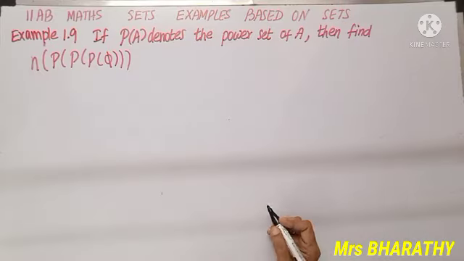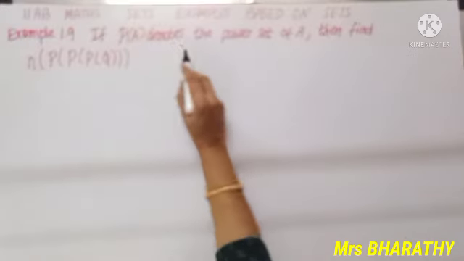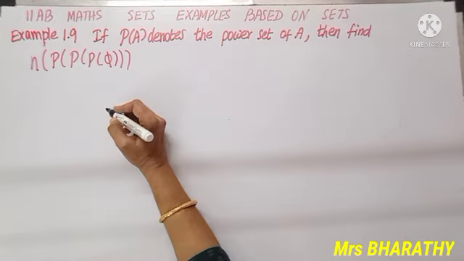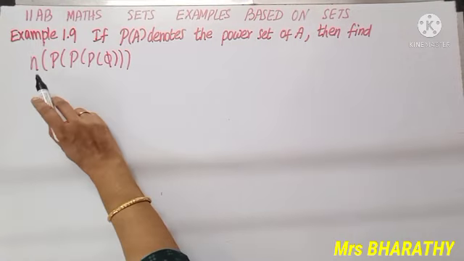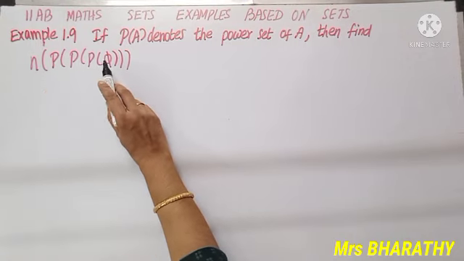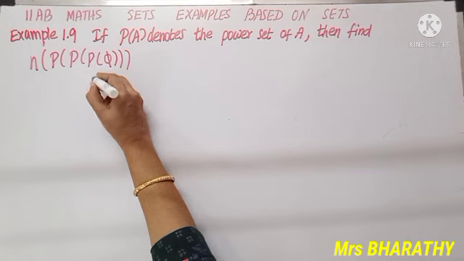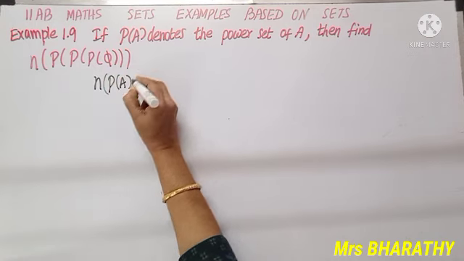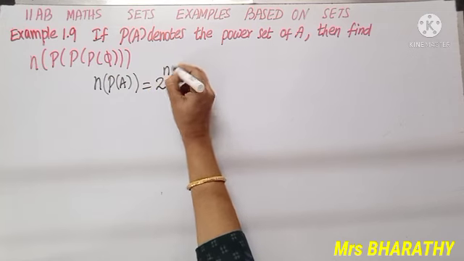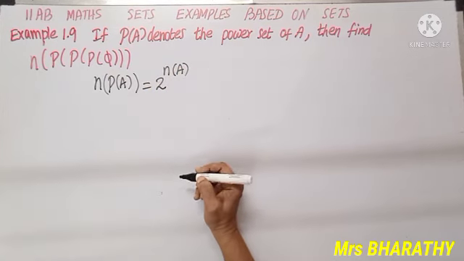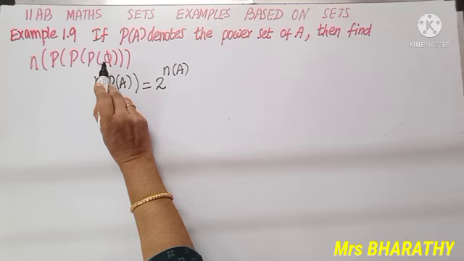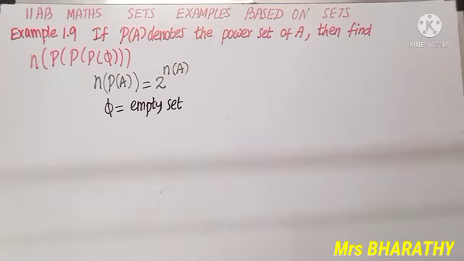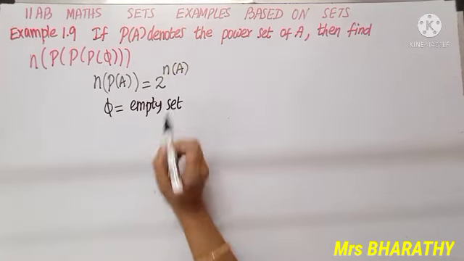Example 1.9. If P of A denotes the power set of A, then find n of P of P of P of phi. We know what is n of P of A. N of P of A is 2 power n of A. Here the question starts with phi. What is phi? It is an empty set.